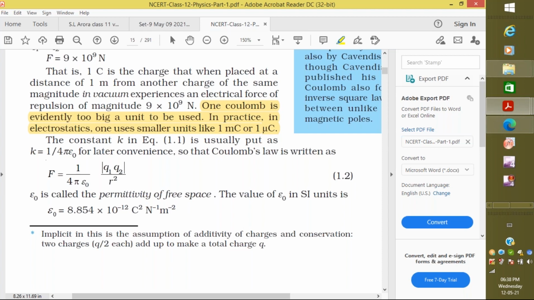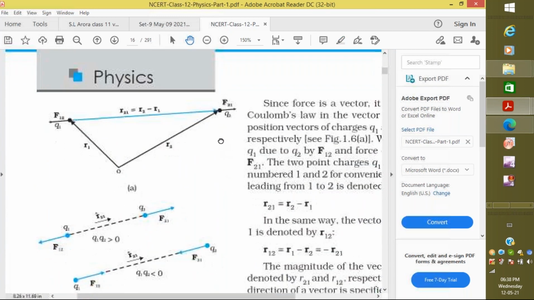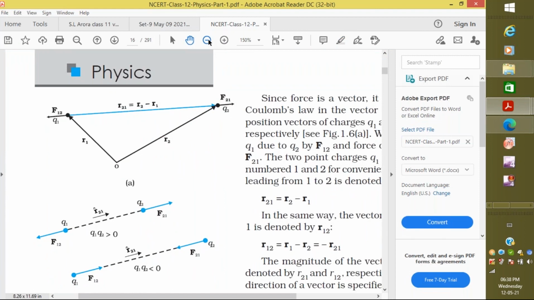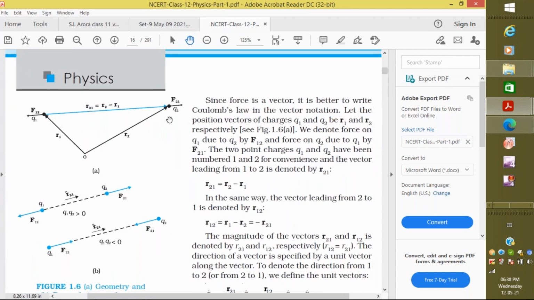Micro means 10 to the power minus 6 Coulomb, and 1 millicoulomb means 10 to the power minus 3 Coulomb. So this is about the force.